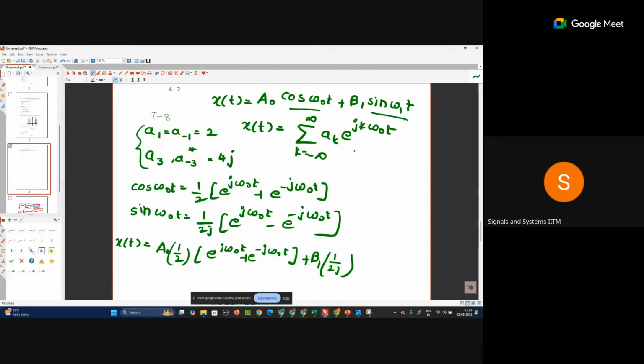We can also represent this e power jk omega naught t in terms of sine and cos, like e power j omega naught t minus e power minus j omega naught t.